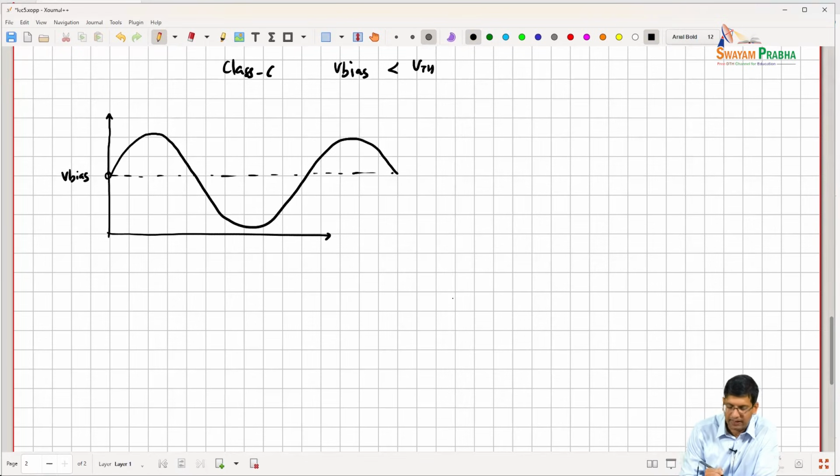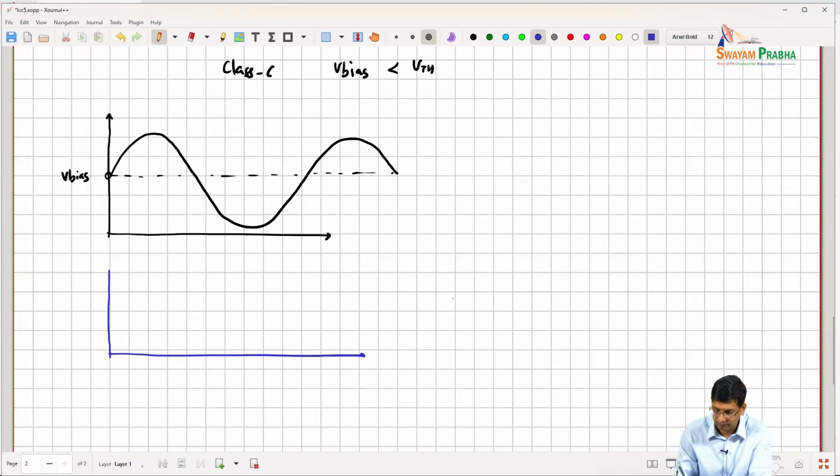And depending upon where this V bias is with respect to the threshold voltage, I can have my IDS either, so class B, it will be on for the full half of the cycle. This is class B.